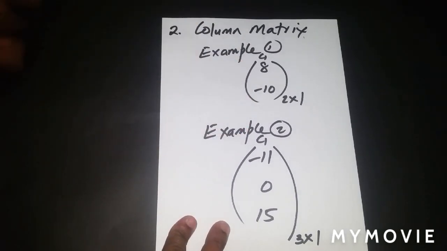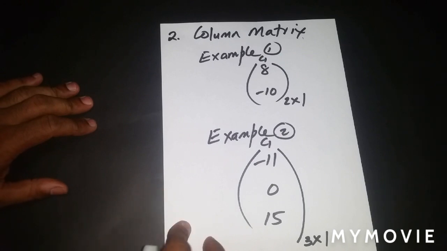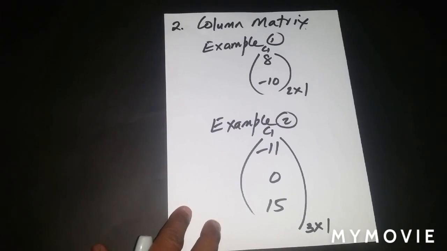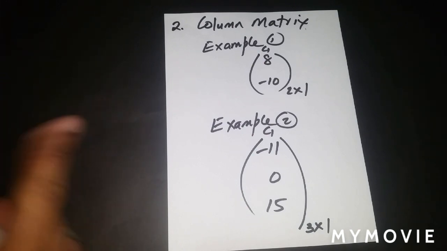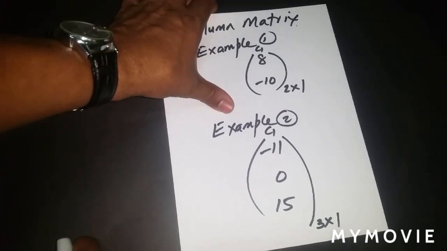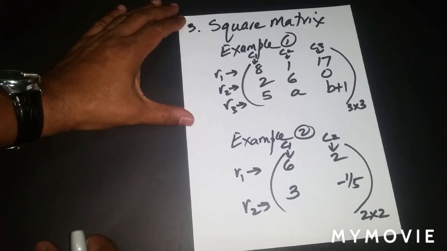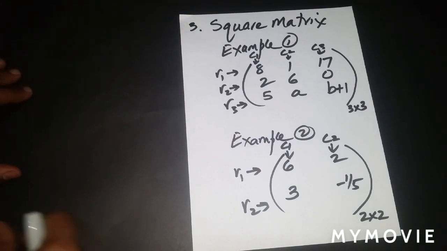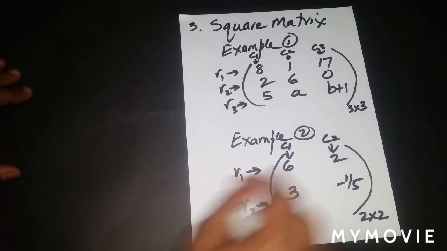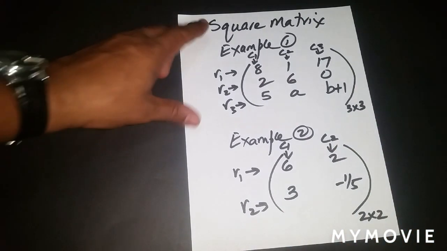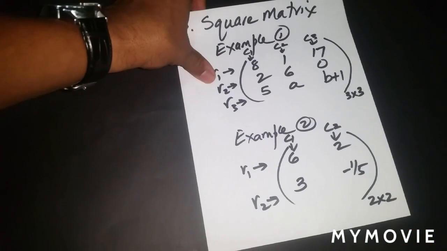Once a matrix is classified as a column matrix, it has one column. The number of rows is irrelevant. As long as it has one column, it's classified as a column matrix. Square matrices. For a matrix to be classified as a square matrix, the number of rows must equal the number of columns. So once these two numbers are the same, automatically it's called a square matrix.